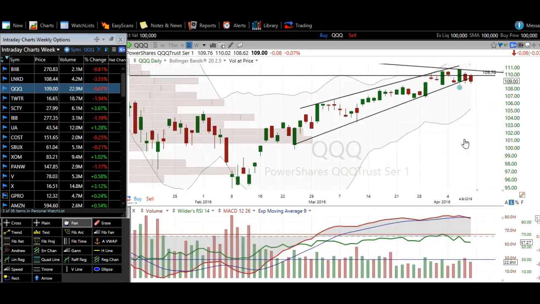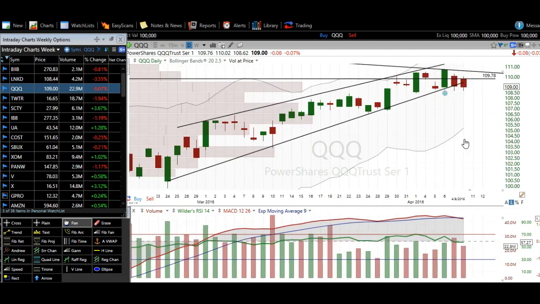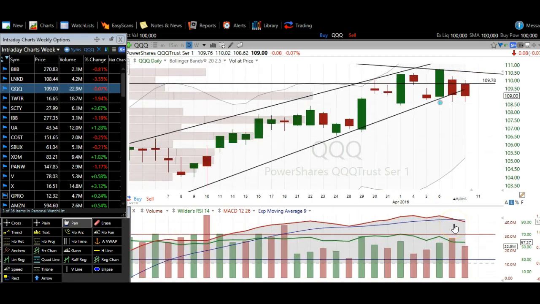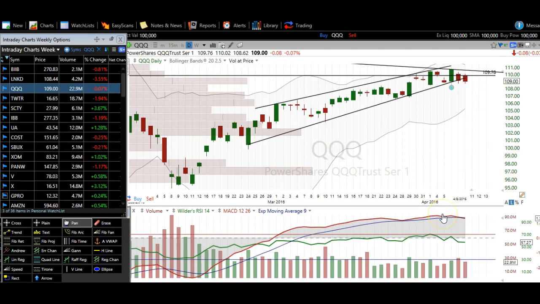I'm going to scroll in so you can see it a little bit better. We've got this uptrend line support, touch here, here, several touches here, several touches here, and then we broke below this on Friday's trading session. So we are outside of that uptrend line support. And then if you look at MACD, we had our first bear cross in a while.